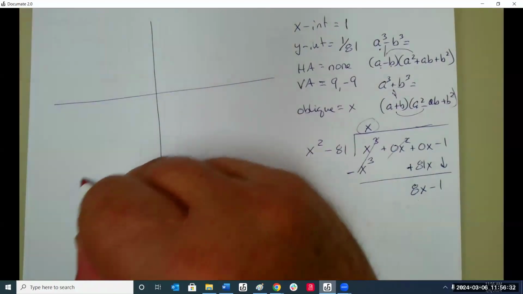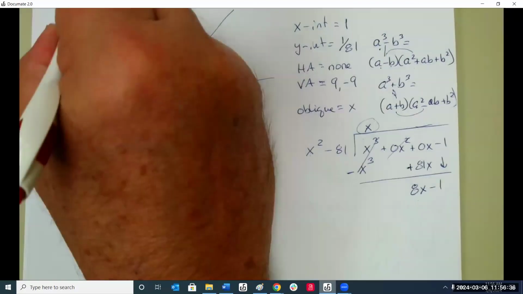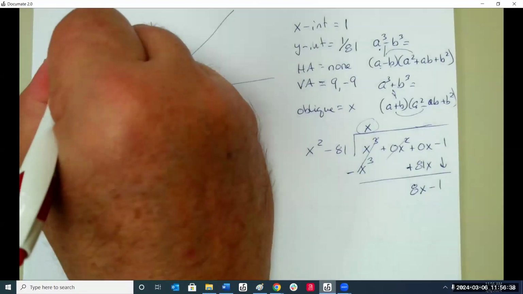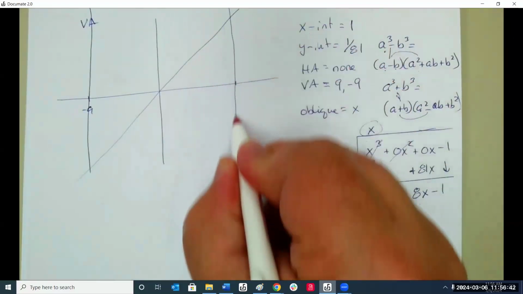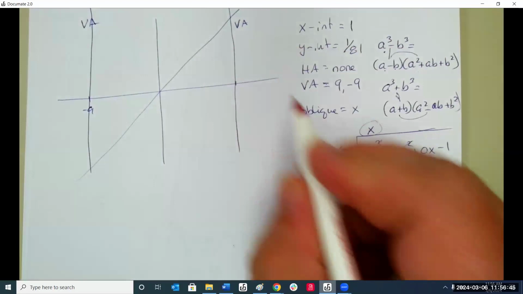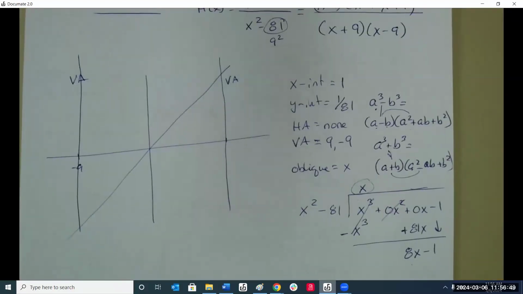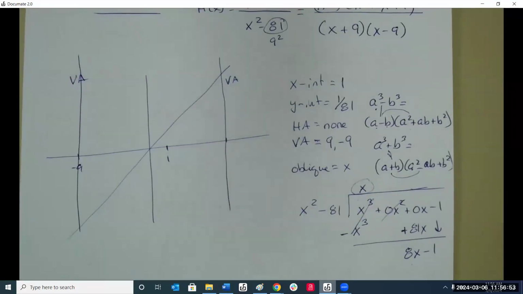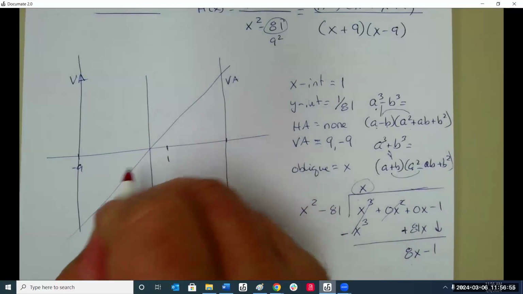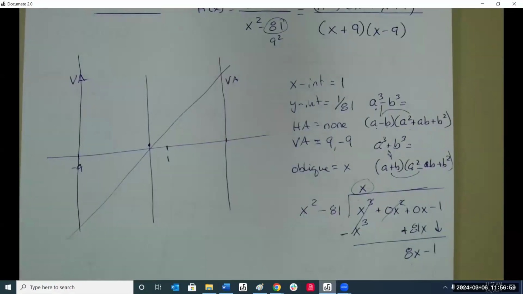And at negative 9, that's our vertical asymptote. And at 9, that's another vertical asymptote. The x-intercept is at 1. The y-intercept is at 1/81, really far down there.